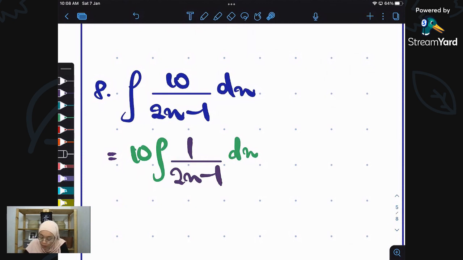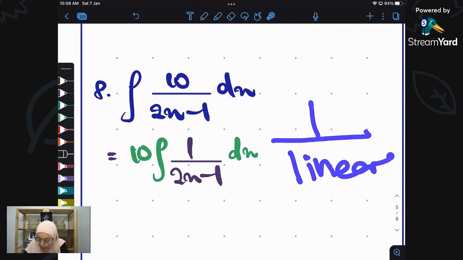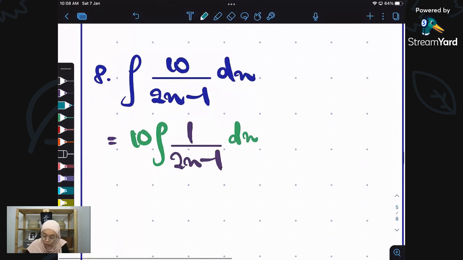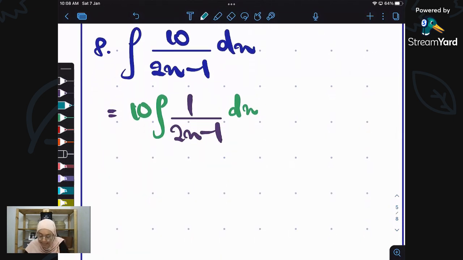And so you must also remember that this is also 1 over linear. Remember ya, the formula is only working for linear di bahagian bawah ni saja. Kalau quadratic, cubic semua tak working pun. Formula ini hanya works untuk yang linear, 1 over linear sahaja.